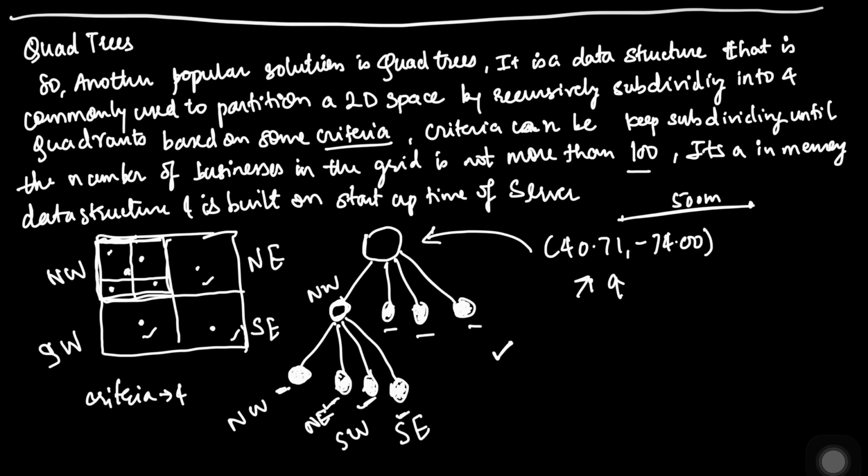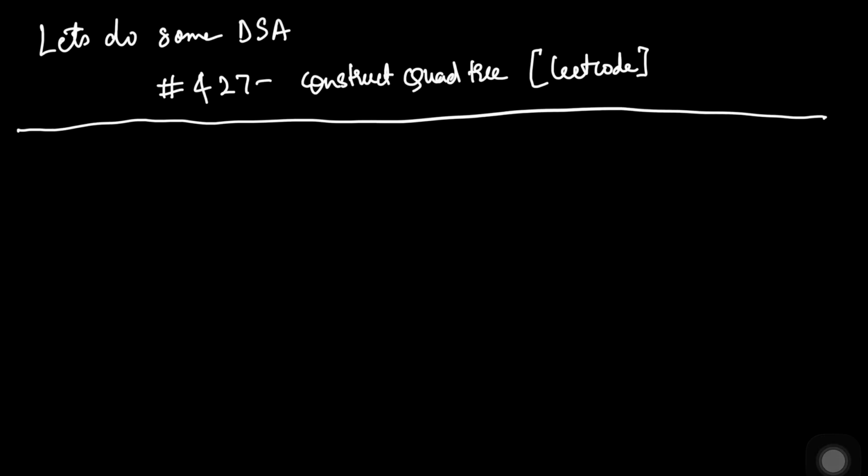The advantage we get is that we move to the leaf nodes, and the nearby businesses are in those leaf nodes only. So whichever leaf nodes are within the 500-meter radius will be filtered, and this is how we get all the businesses which fulfill the user's criteria.